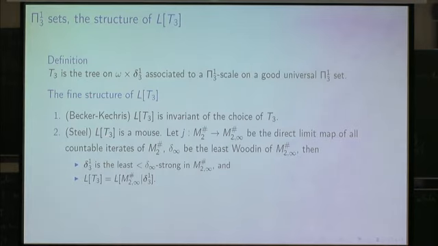This is the local version of HOD computation in the AD world. It is just a cut of an iterate of M2 sharp. It is a cut of M2 sharp at one of the strong cardinals up to the least Woodin.